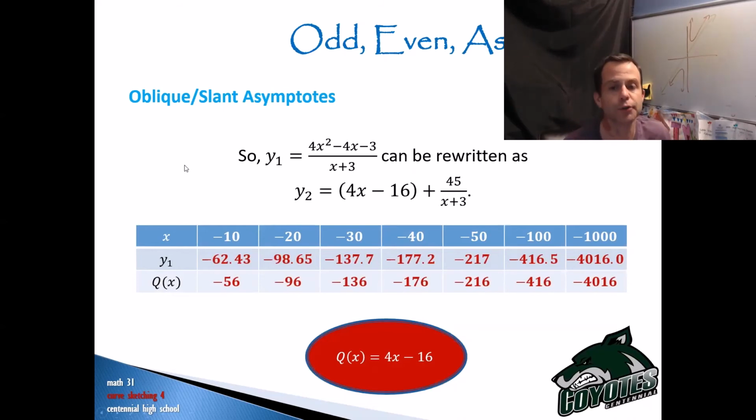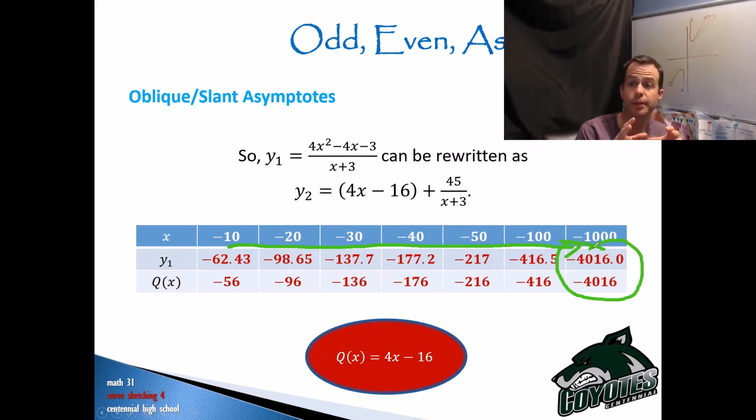Now, here's what I'm really hoping you'll notice. As x gets bigger or gets more negative, as x approaches a larger negative number, what I want you to see is the y values become the same thing.